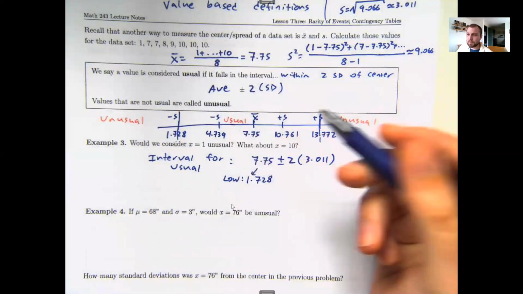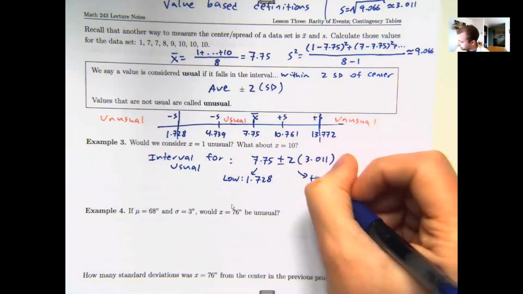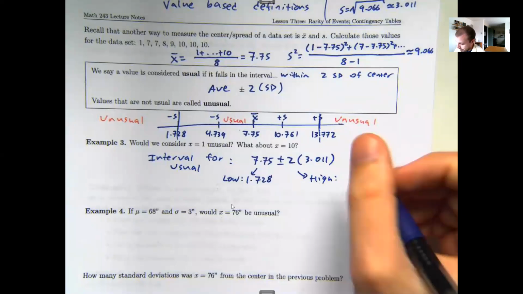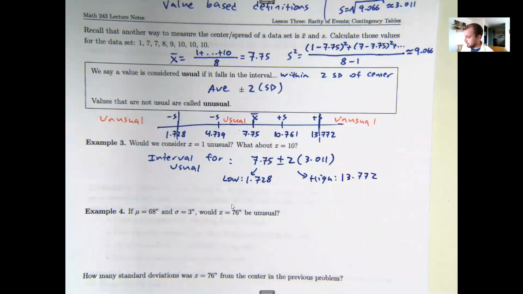A little bit weird that I retyped that in my calculator, but that's okay. And for the high side, I'm going to type it in with a plus sign. And I'm getting 13.772. So anything inside of this is considered usual.